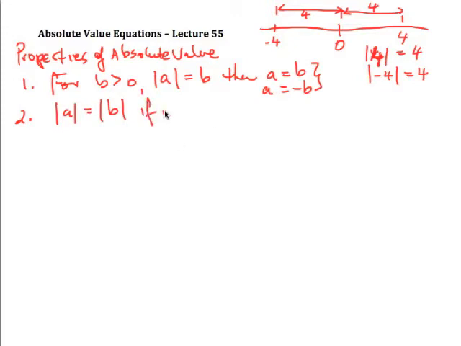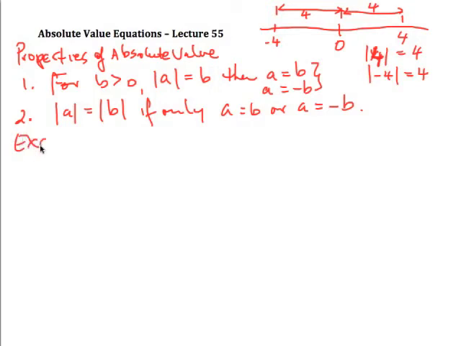This is true if and only if a is equal to b or a is equal to negative b. Same case again, because we don't know whether a or b is negative or positive, and the absolute value must result in a positive result.